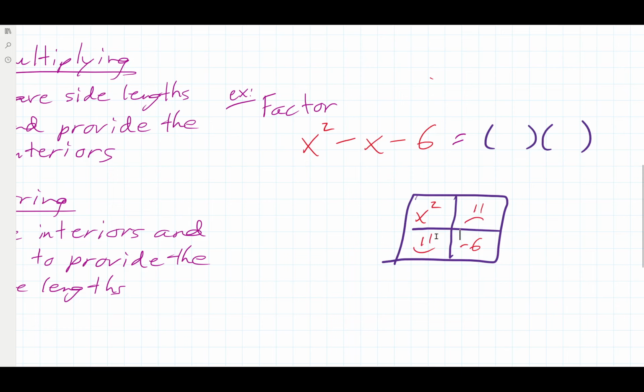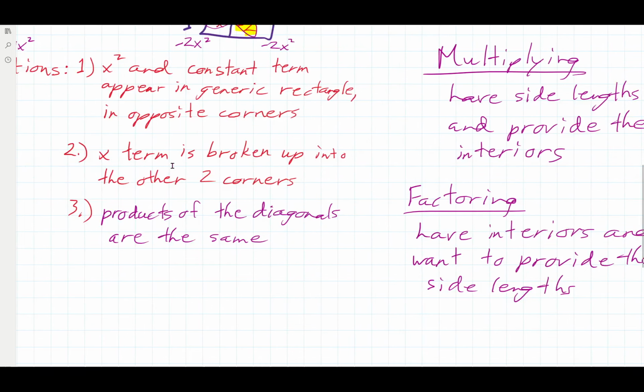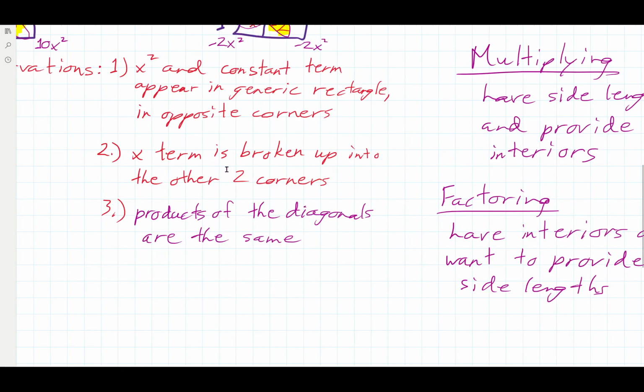But what do I know? I do know that those are going to be my x terms because I have the x squared already and I have the constant minus 6 already, but I don't have the minus x yet. So I do know that smiley face plus frowny face has to equal negative x. And so that's this second observation here.